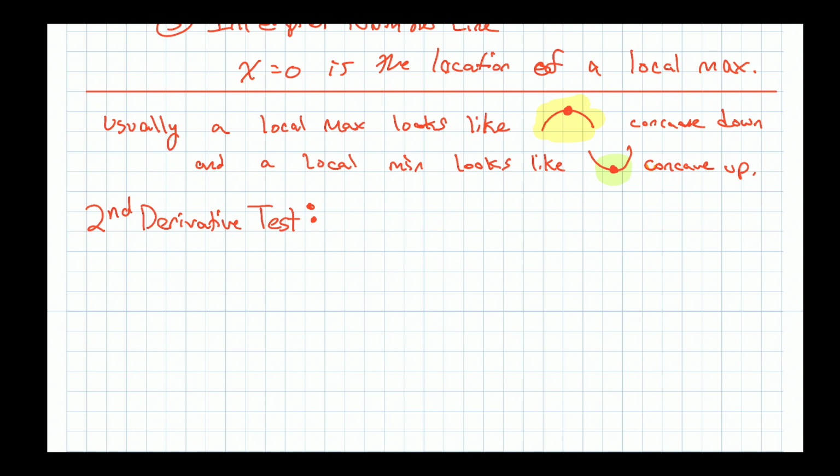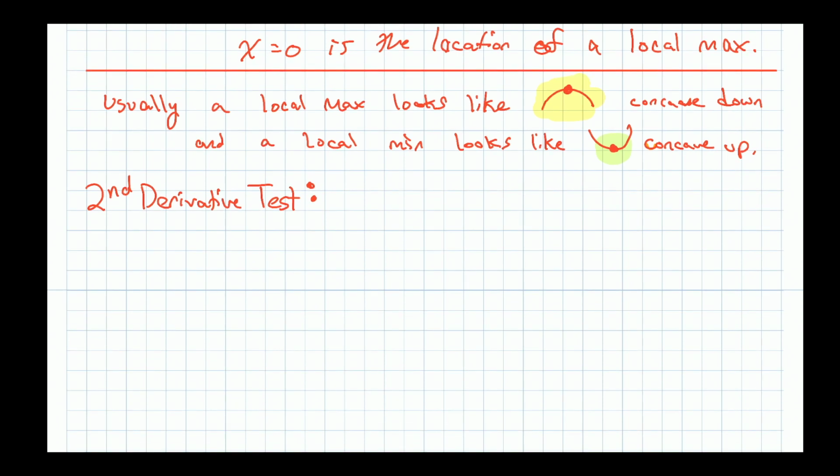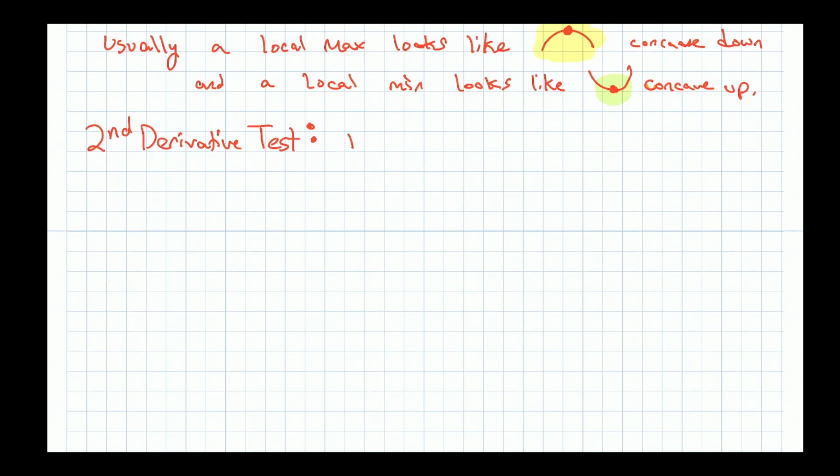Very simple. So we need a point that may or may not be a local minimum or maximum. So we'll say if f prime of c equals 0, so that means we're looking at a critical point, and f double prime of c is positive, it's concave up. Notice that concave up actually is a minimum.